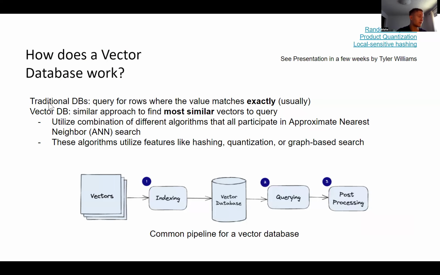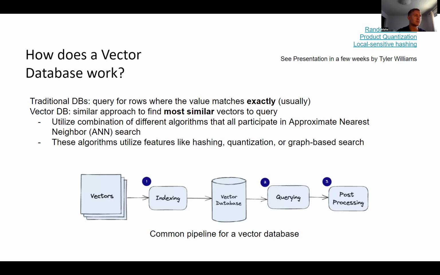What I found quite fascinating is that traditional database, whatever MySQL, traditional SQL applications, usually you return matches on exact matches. So I can ask, hey, what's the weather, or give me all the rows where the date is Friday, and it will return it. Now in a vector database, that doesn't work because most likely you don't have any matching vectors. So you are finding the most similar vectors to a query. And to do that, you use a variety of different algorithms, and they are participating in an approximate nearest neighbor search.